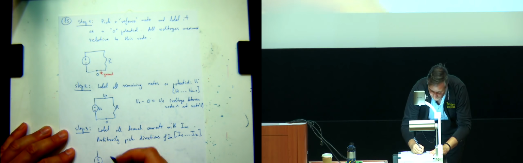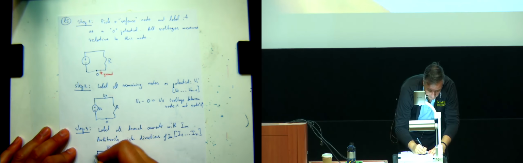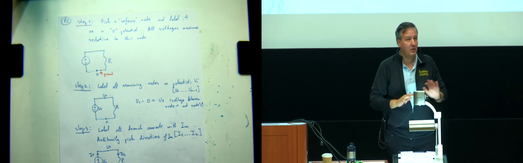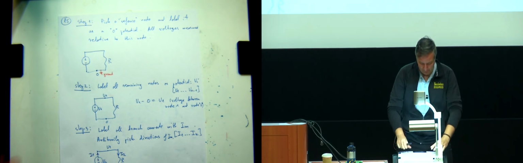So no overthinking this. We have 0 here, we have U1 here. I'll just arbitrarily pick the directions. Let's say I1 is through this element and I2 is through this element. I could pick the other orientation of the arrows as well.